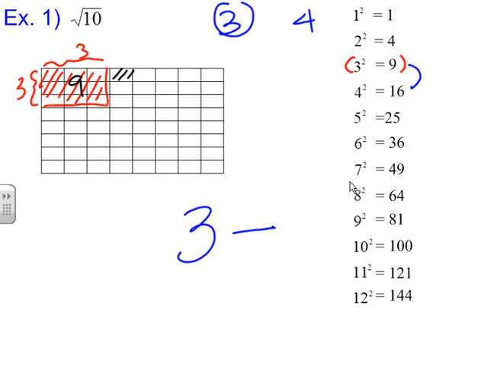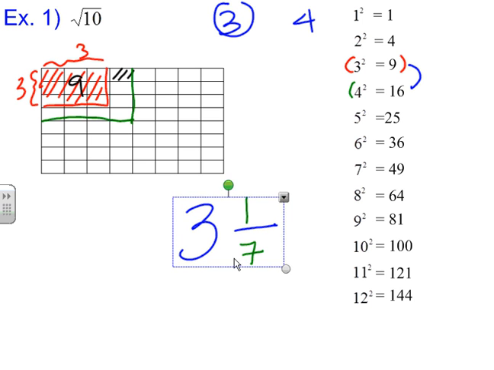So the next size square up is 4. So if I build a 4 by 4 square, we can see what fraction will be added to it. We know we need one more, and it's 1 out of 1, 2, 3, 4, 5, 6, 7. So this is going to be our approximation, 3 and 1/7.